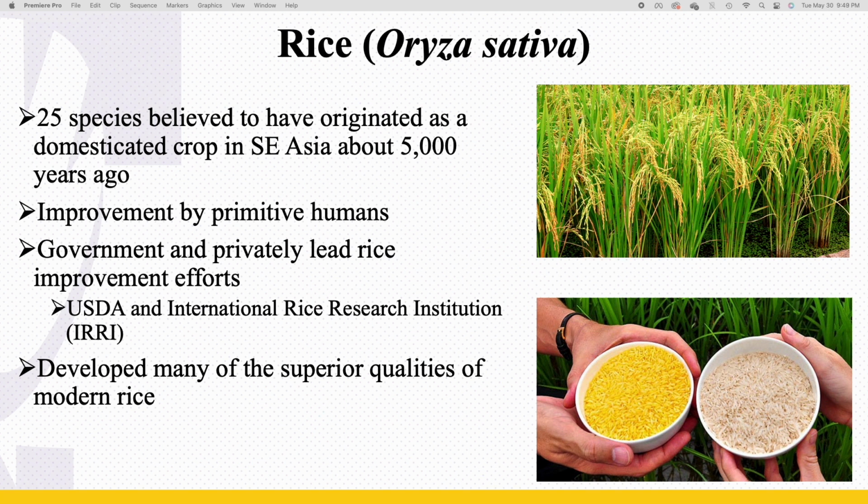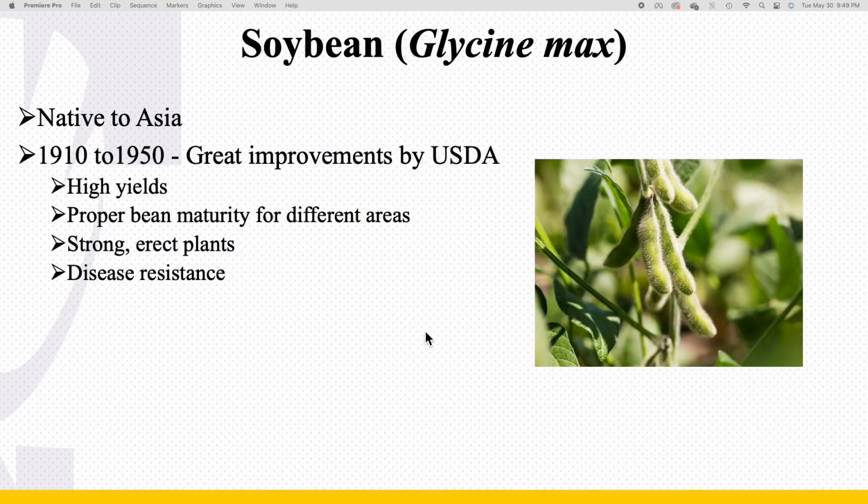We use those two crops the most. And so developing those superior qualities, being able to get vitamin A produced in that rice in those developing countries is really going to help us kind of combat that globally. We probably don't have that problem here in the United States, but they do in other underdeveloped countries.